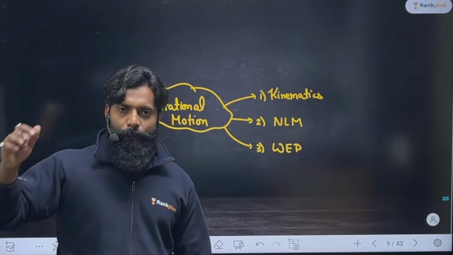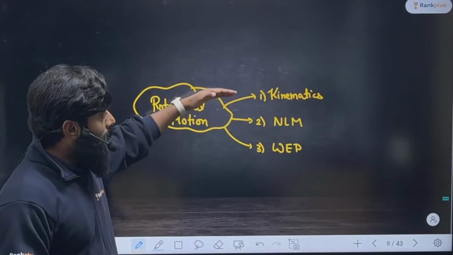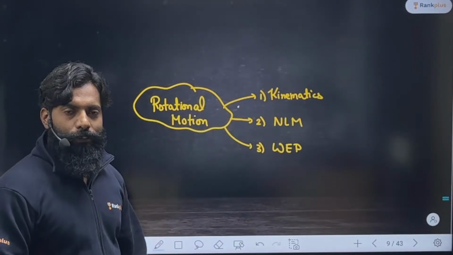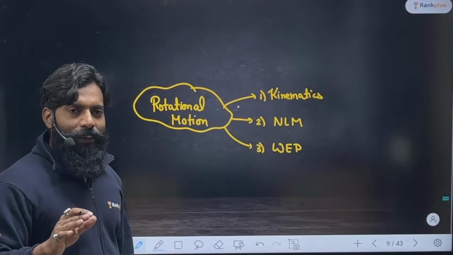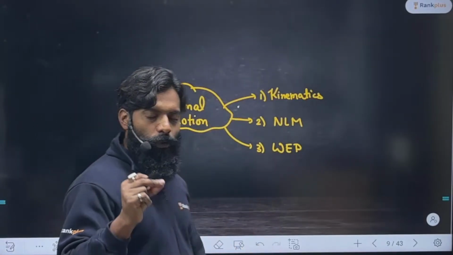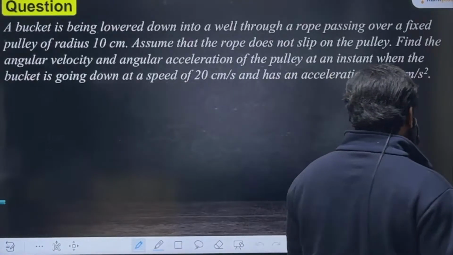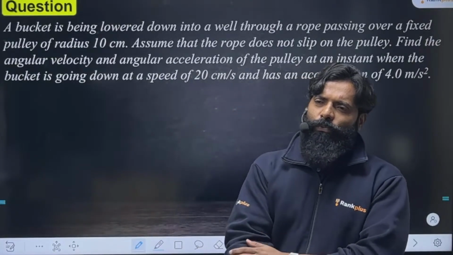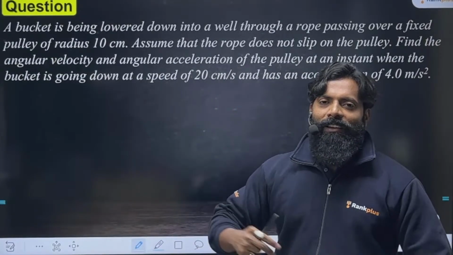I'll take it separately, right? So basically you have to see every question in terms of these. If you are able to see every question in these terms, you will be able to get the correct approach within 10 seconds of any question related to rotational motion.